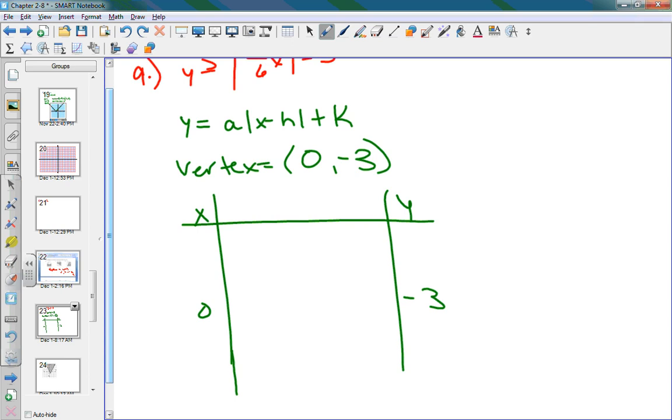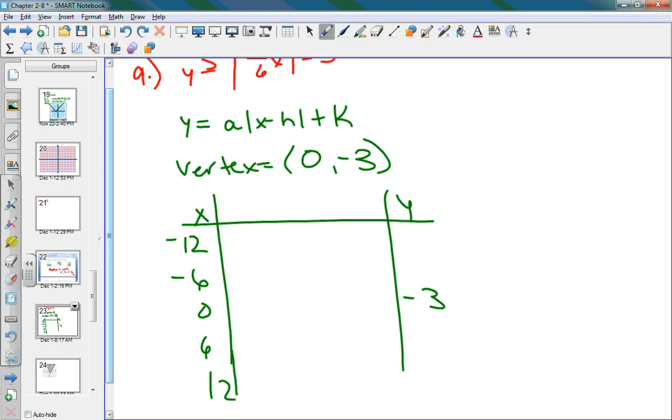Because if I want to cancel out the 6, what number should I use? What's my denominator? 6. So if I want to cancel out 6, what type of numbers should I use? Multiples of 6. So I'm going to use negative 12, negative 6, positive 6, and positive 12.